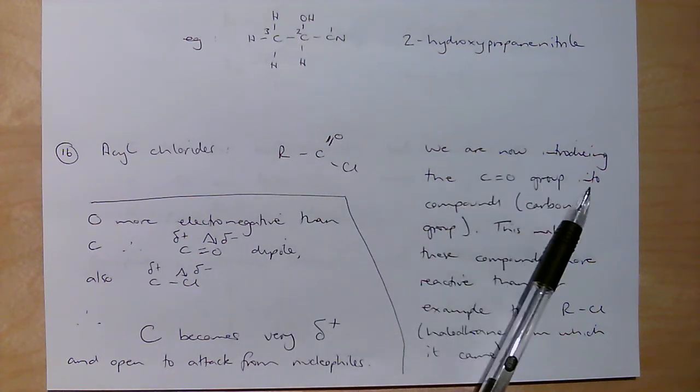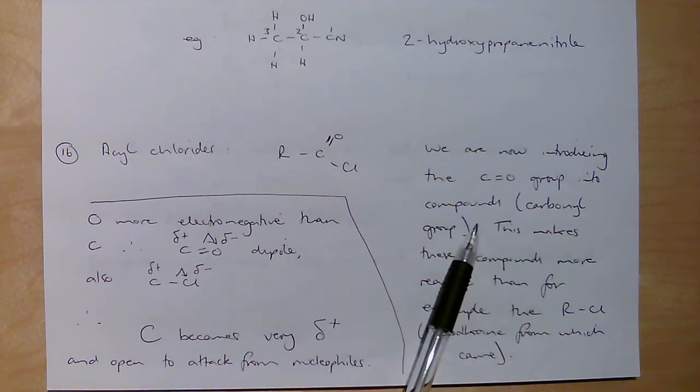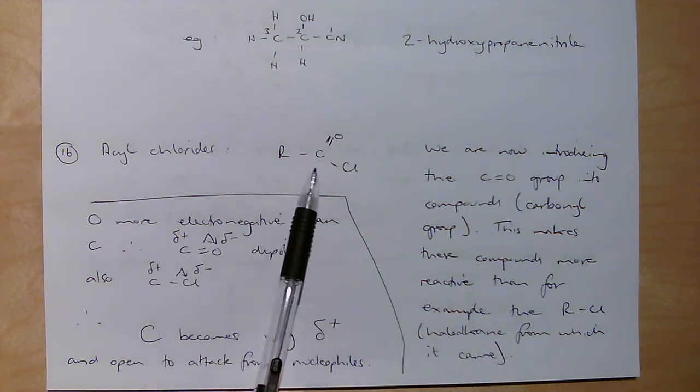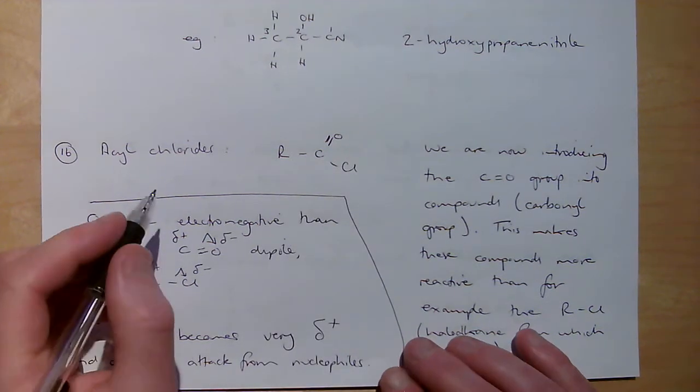Okay, so we are now introducing the C equals O group into compounds, known as the carbonyl group. This makes these compounds more reactive than, for example, the RCl, the haloalkane from which it came. Okay, so RCOCl, let's just have an example of that.